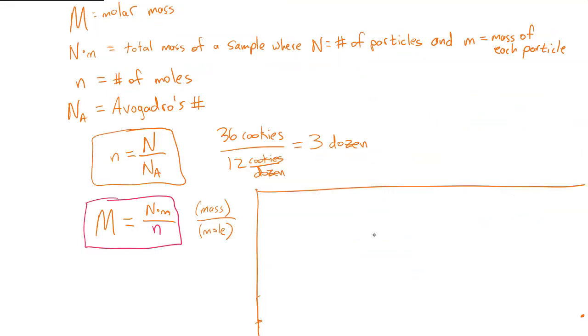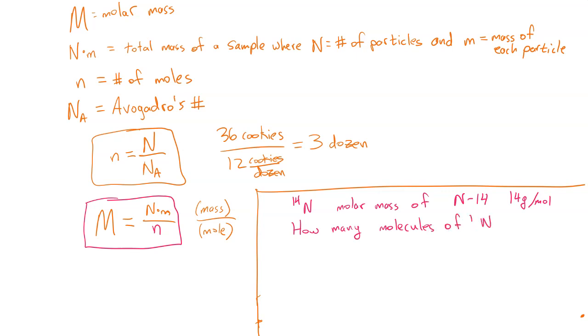All right, let's do one more example. Let's say that we have some nitrogen, let's say nitrogen 14. And the molar mass of nitrogen 14 is, you guessed it, 14 grams per mole. How many molecules of nitrogen 14?